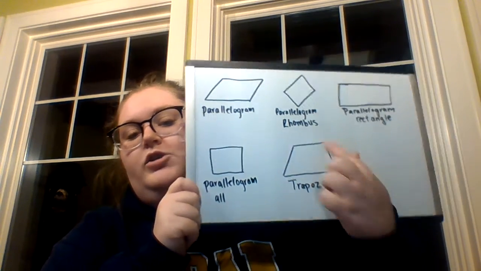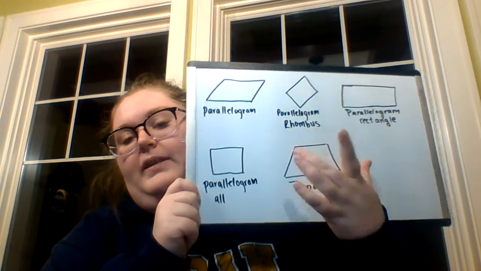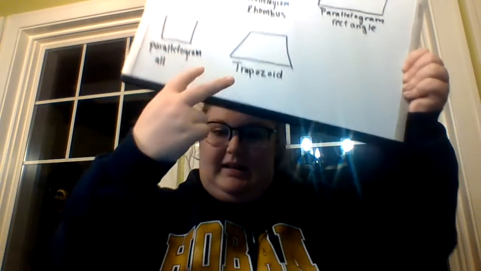It has one short top, a long bottom, and then two slanted sides. But they are also still parallelograms and quadrilaterals because they have two pairs of parallel sides. Because even though it's a smaller top and a bigger bottom, they're still parallel with each other. And because they are still slanted, they are still parallel to each other.